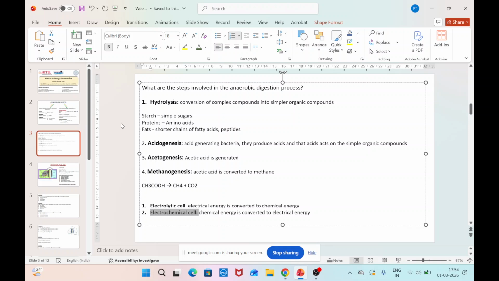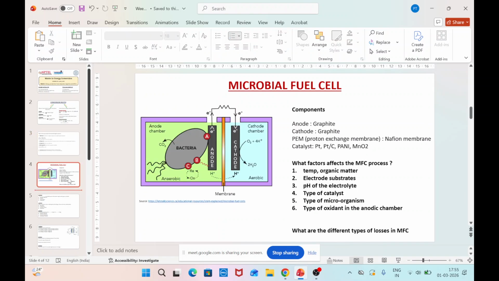In a fuel cell, or a hydrogen fuel cell, the hydrogen gas is passed through the anode. The construction is somewhat similar to what is in this picture.